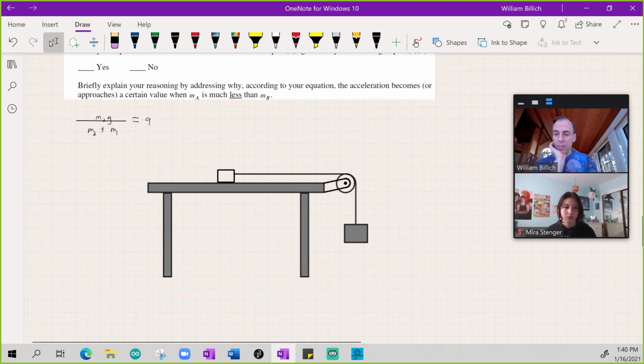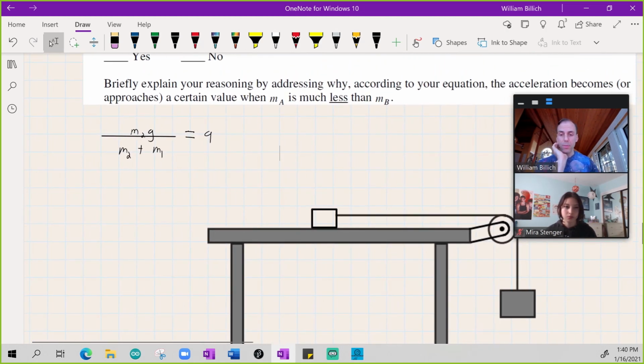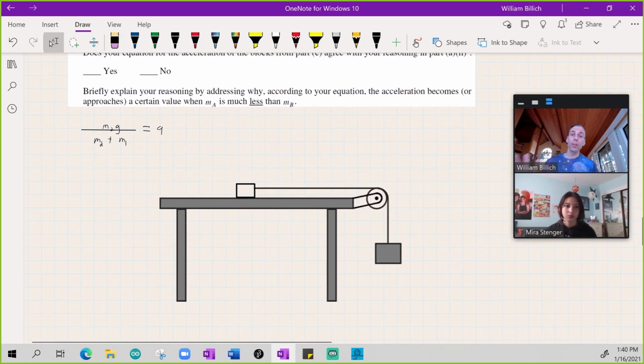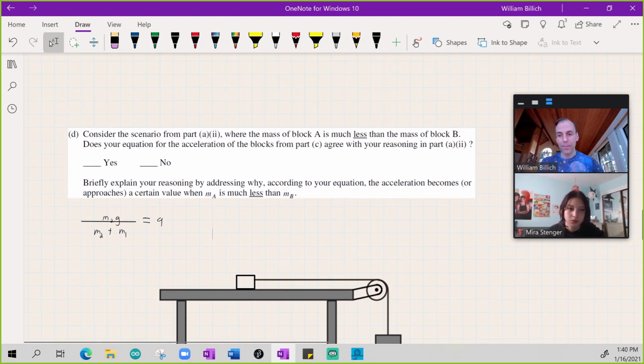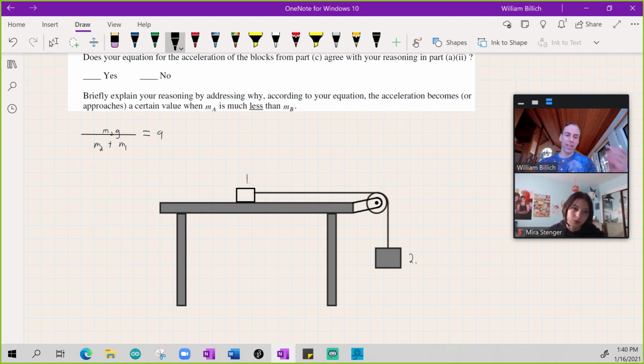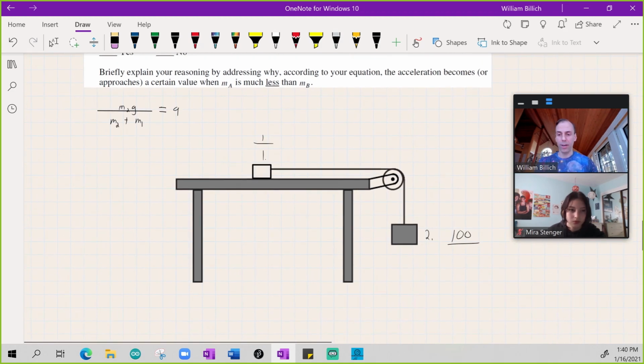So one of the things I recommend is plug in sample values, if this makes your life easier. And you can illustrate this for the test graders. So let's say that mass 2, so this again is 2, this again is 1. So that's mass 2, mass 1. Always make simple sample numbers, make your life easier, right? So say this is 100, and say this weighs 1 kilogram, right? This weighs 100 kilograms, this weighs 1 kilogram.